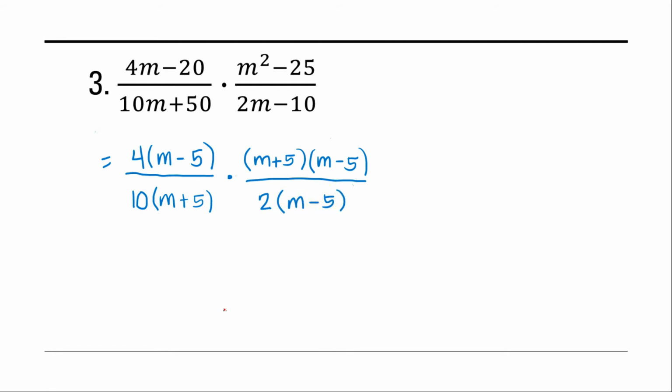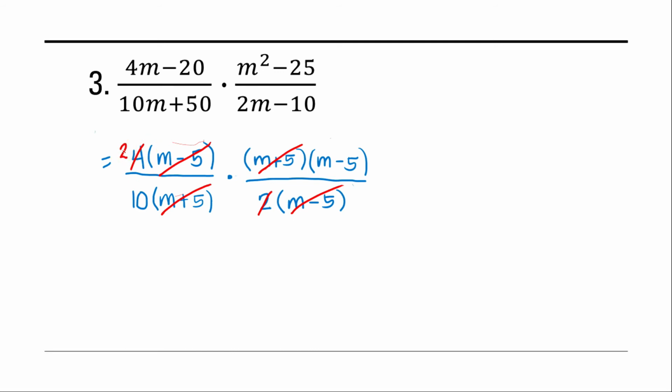We can cancel out m minus 5 and m minus 5. We can also cancel out m plus 5 and m plus 5. Also, we can cancel out 2 sa 4, and 4 becomes 2.